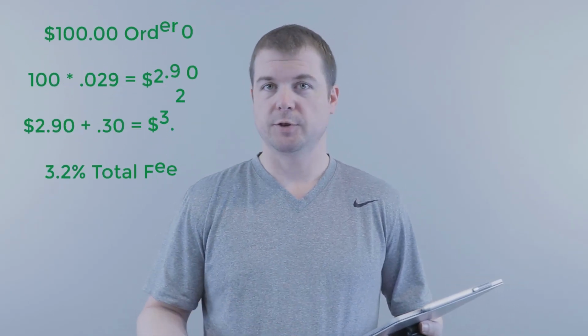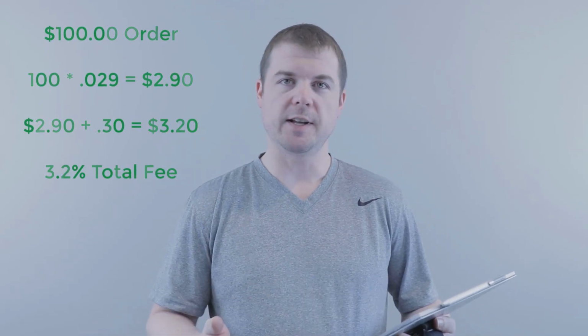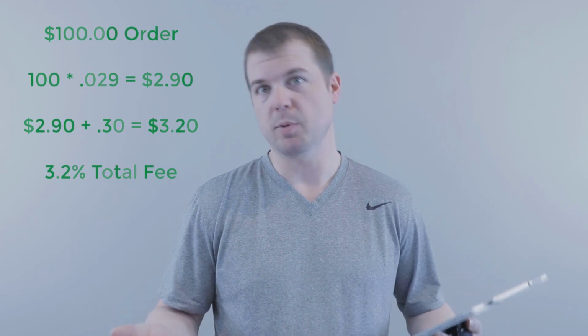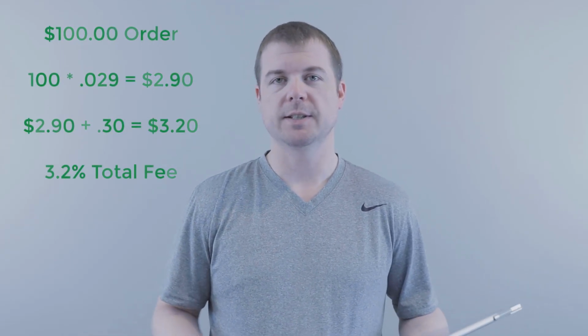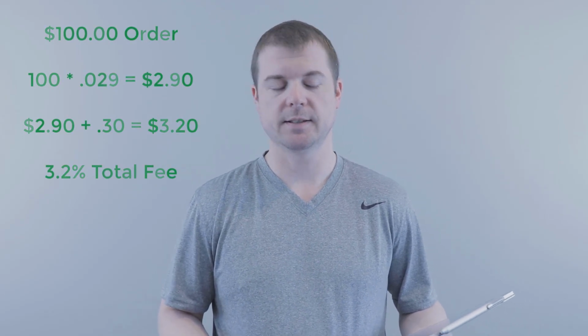If we take a look at an example, let's say you get a $100 order at the standard rate of 2.9% plus 30 cents. You're going to have a total fee of $3.20. So this comes out to a total of 3.2% fee altogether when you factor in the percentage and the flat 30 cents.